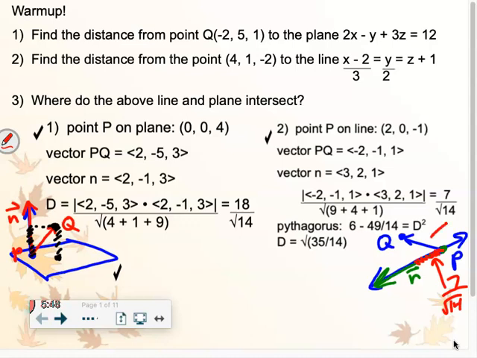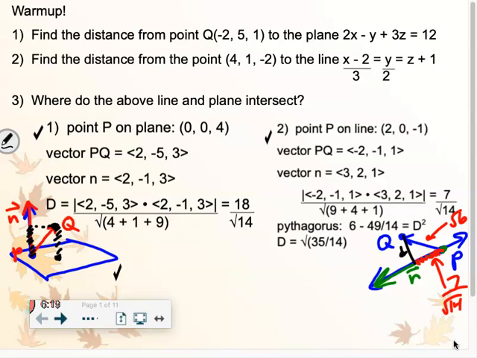This distance, I just find the length of PQ. Where did I find the length of PQ? Did I ever find the length of PQ? Let's see. The length of PQ is the square root of 4 plus 1 plus 1, so root 6. And then to find my actual distance, I do 7 over root 14 squared plus d squared equals root 6 squared.